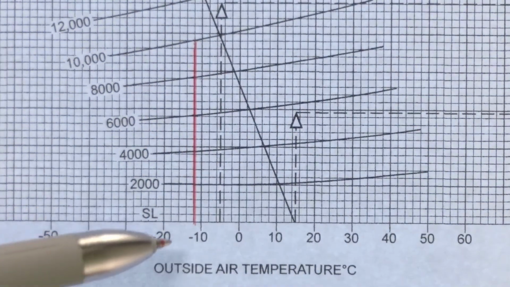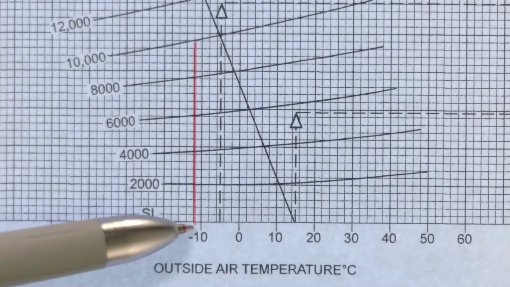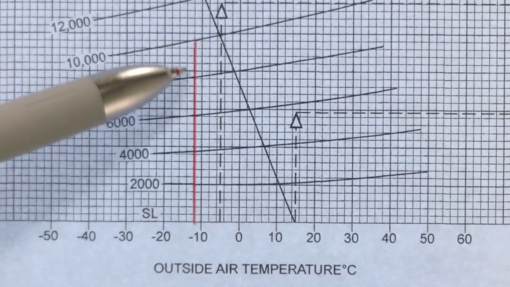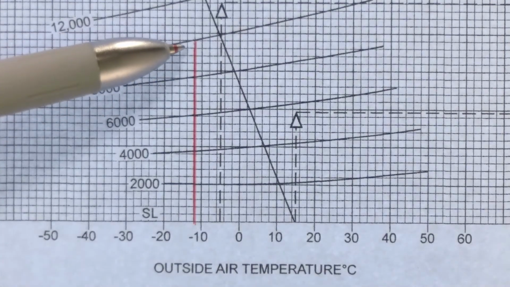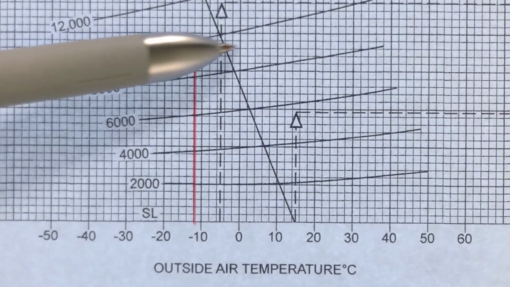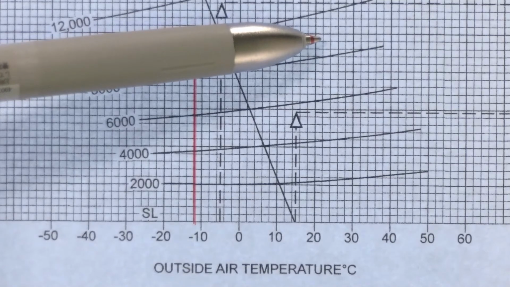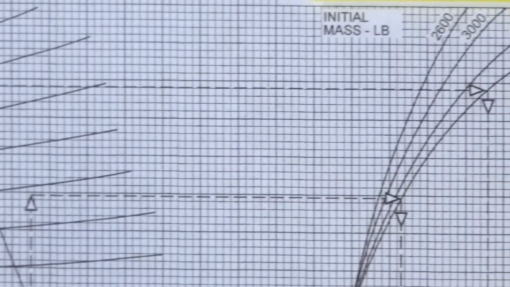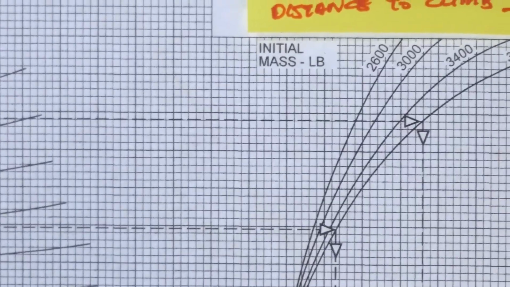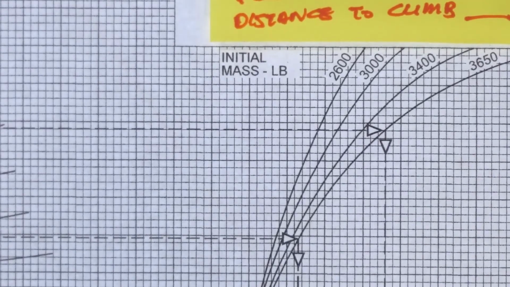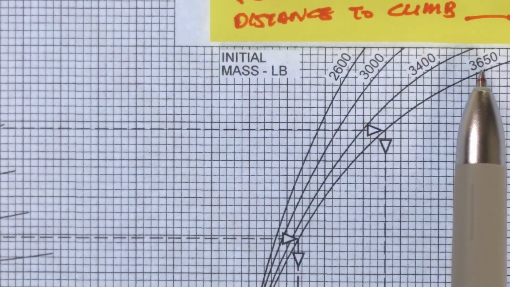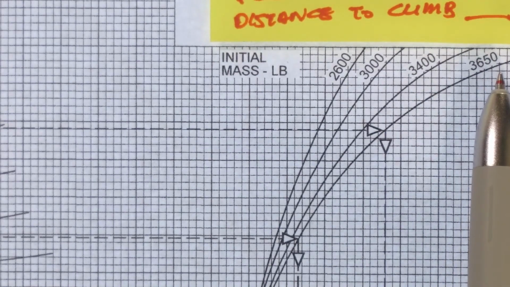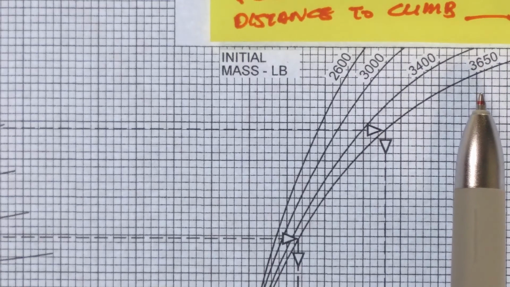You can see that I've now plotted the line of negative 12 degrees to meet my altitude at 10,000 feet. We're now going to go across the chart in this direction to meet the initial mass lines. And we want to make sure that we meet the mass line for 3,650 pounds, which is our initial climb mass.